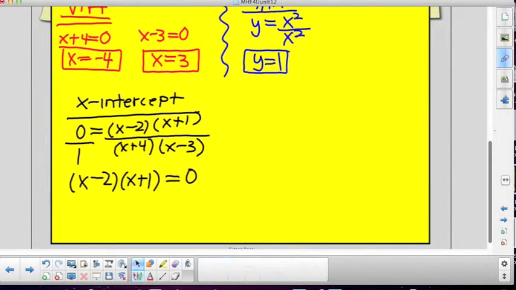So that means my only x-intercepts are going to be when x is equal to positive 2, y is equal to 0, and when x is equal to negative 1, y is equal to 0.